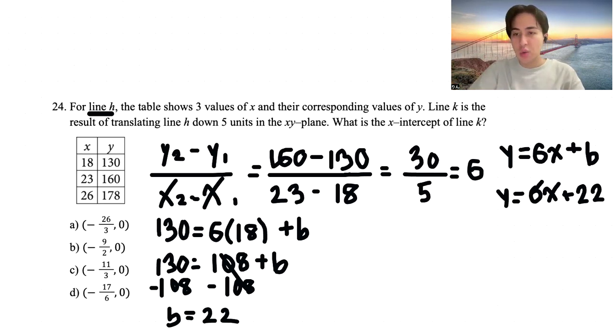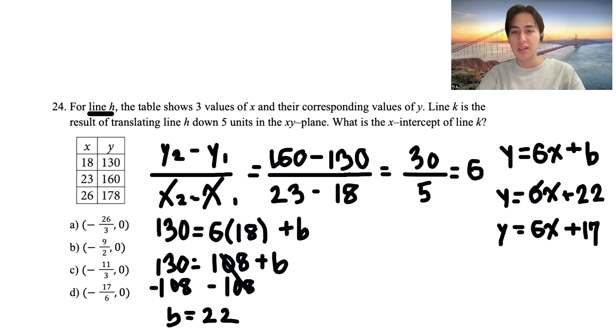So your equation of line K is the same slope, but with a new y-intercept or a new b value, which is just 17, because 22 minus 5 is 17. So this is your new equation for line K.